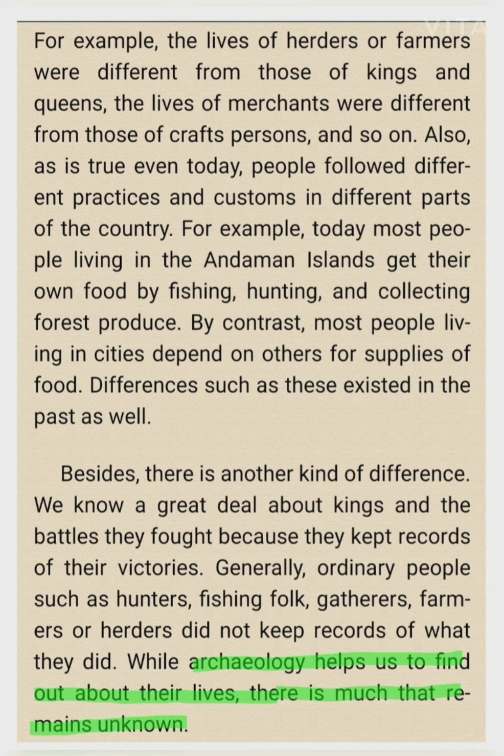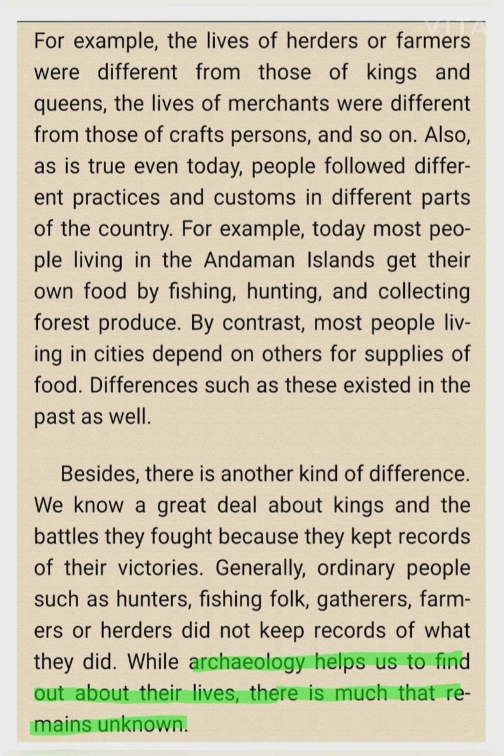They are dependent on farmers and suppliers for their food. They do not gather their own food. And such differences also existed in the past. Farmers and herders used to gather their food from hunting and fishing, and on the other side kings and queens were dependent on supplies. So the differences in the lives of different groups of people were prevalent in the past as well as today. Besides, there is another kind of difference.